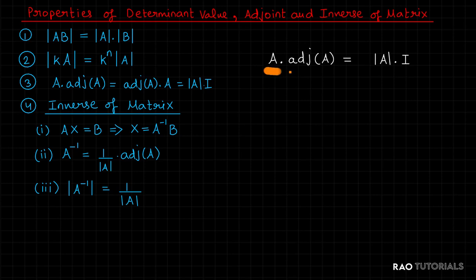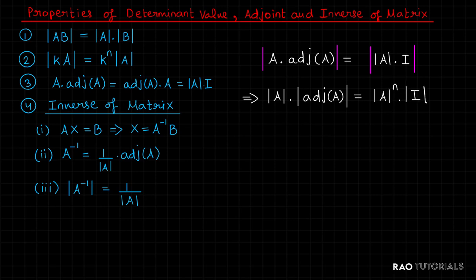Now since this product matrix equals this product matrix, the determinant value is also equal. Now from first relation, we have the left hand side as determinant A into determinant of adjoint A. And from second relation, we have the right hand side as determinant A to power n into determinant of identity.